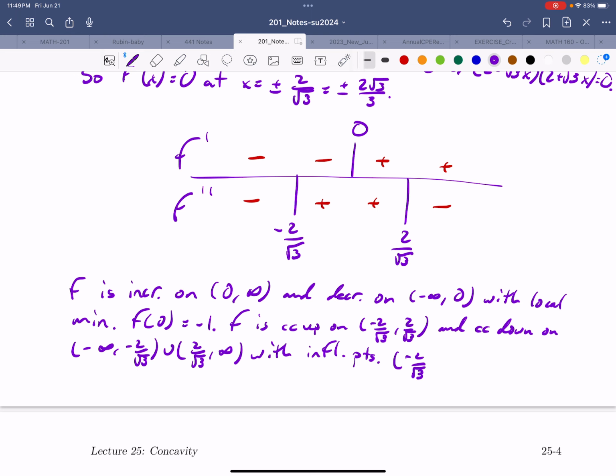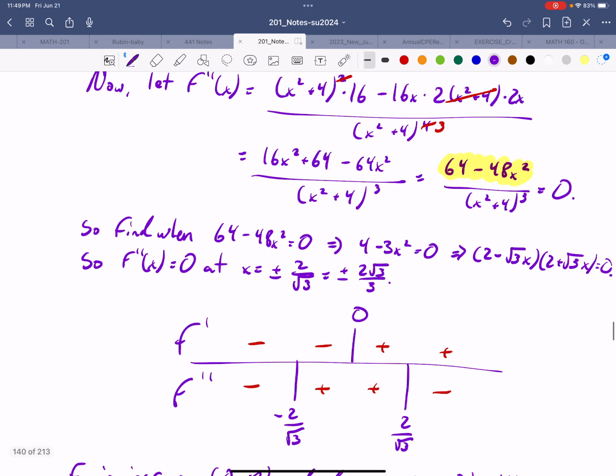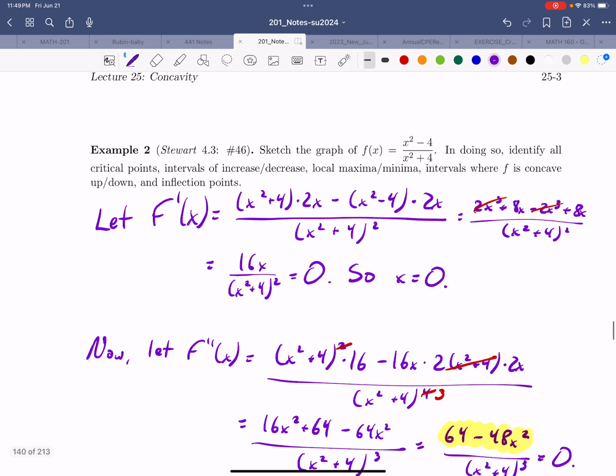Negative 2 over root 3, and I think it winds up being the same, right? You're squaring it, so it doesn't even matter whether it's negative or positive. You wind up, what is this? 2, so it winds up being 4/3 minus 4 over 4/3 plus 4, right? So 4/3 minus 12/3, right?